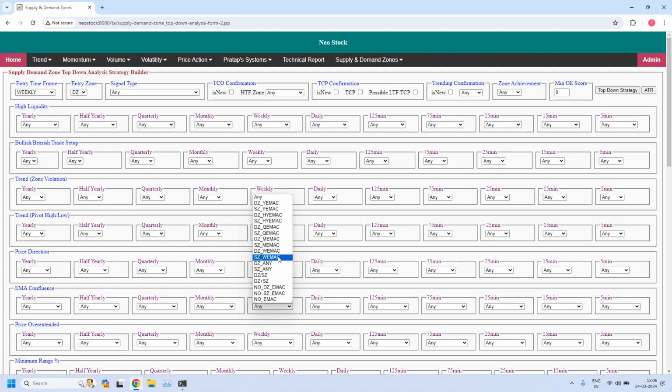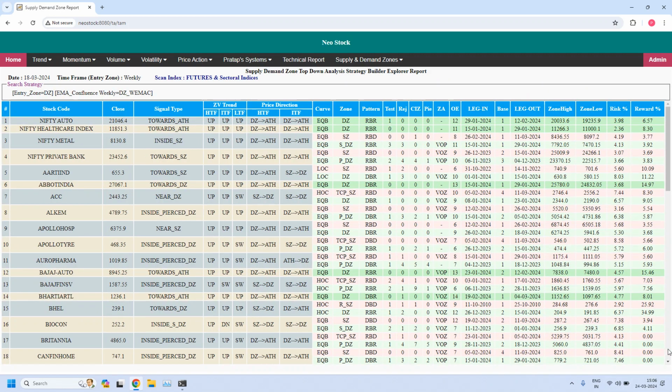If you want any one of these confluences, you can click demand zone any, that means any EMA confluence it will filter. But for the time being, let us stick to demand zone with weekly EMA confluence, that means weekly demand zone with weekly EMA 20 confluence. Let us filter the stocks. You got a very big list.